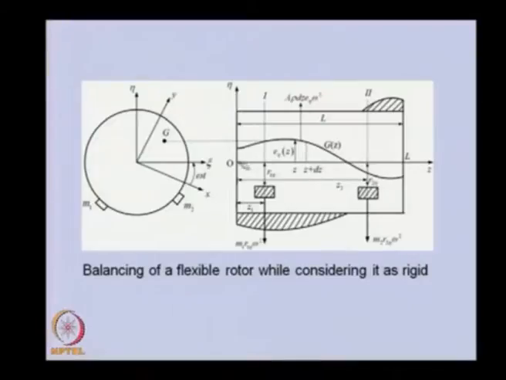With respect to that, let us say this is the variation of the eccentricity. On similar lines, we can have the eccentricity variation in the xi and z direction, but in this particular case we are considering one of the planes.